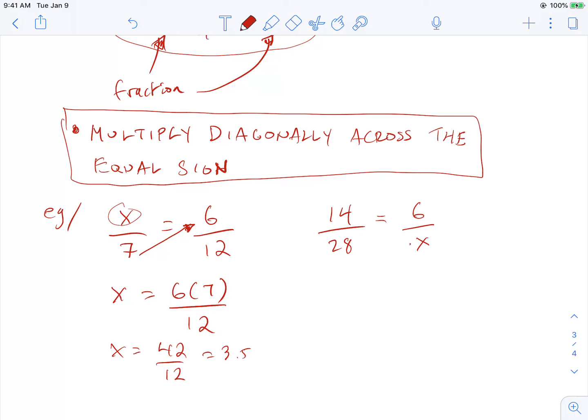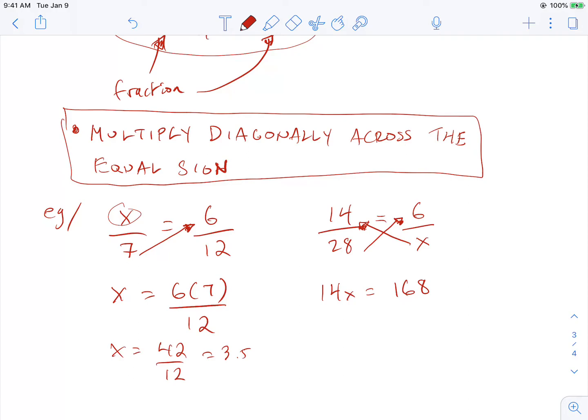So I'm going to multiply that x diagonally across the equal sign, and then I can also multiply this 28 diagonally across the equal sign. So what I've done there is what we call cross multiplication. So we're going to have 14 times x, that's going to be 14x, equals 6 times 28. And 6 times 28 is 168. So I've really cleaned that up in just one very quick move.